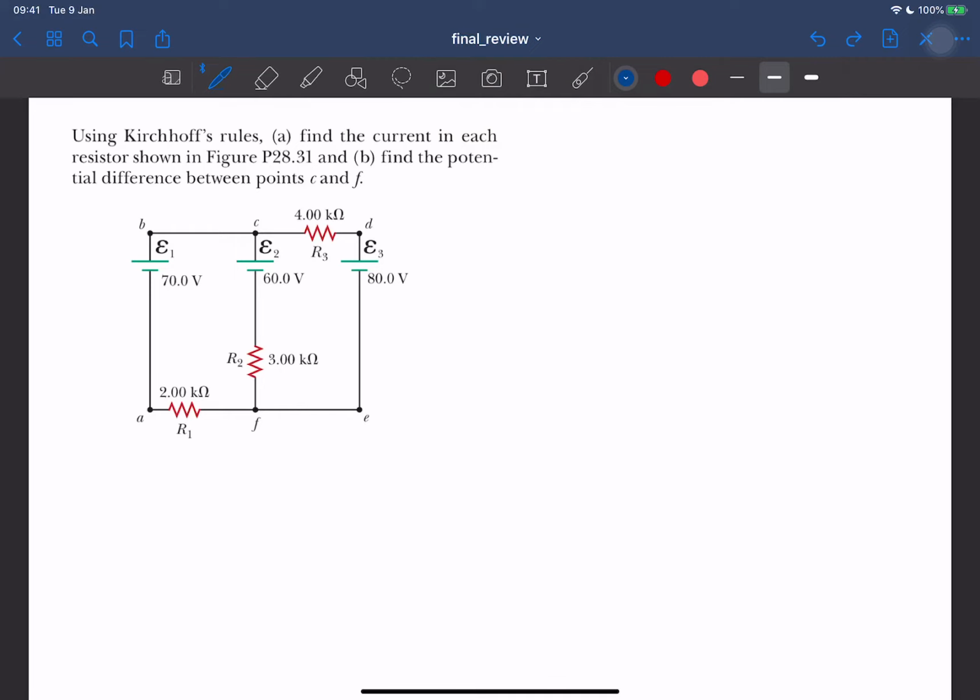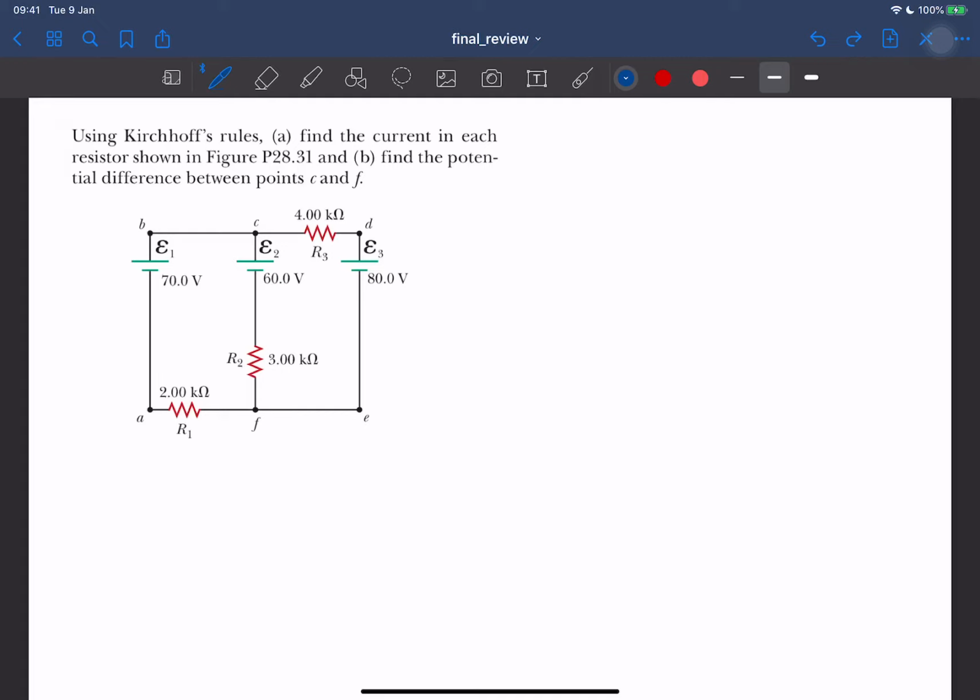This is a kind of classic problem for Kirchhoff's rule. So remember there are two rules. One is the current rule. What is the current rule? Well, the current rule says that if you have any junction, the current flowing in must be equal to the current flowing out.